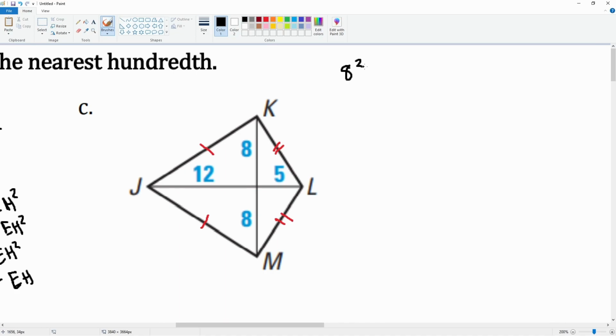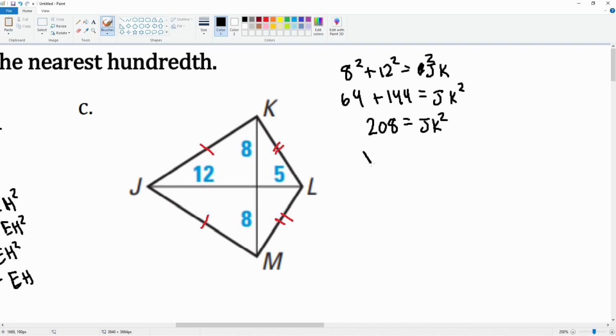So we have 8 squared plus 12 squared is equal to JK squared. 8 squared is 64. 64 plus 144 is equal to 208, equal to JK squared. Square root both sides. You get the square root of 208 as JK. And this is square root 208.